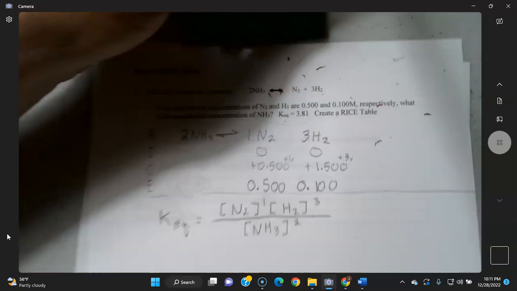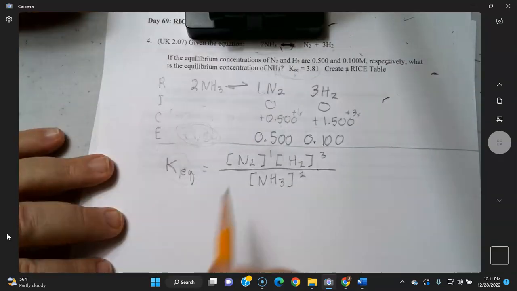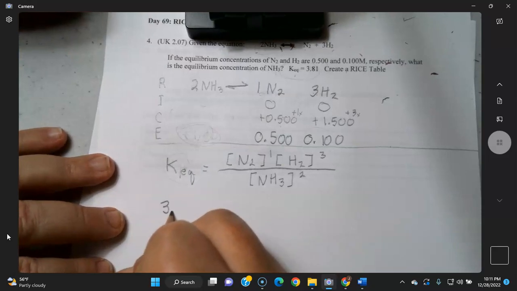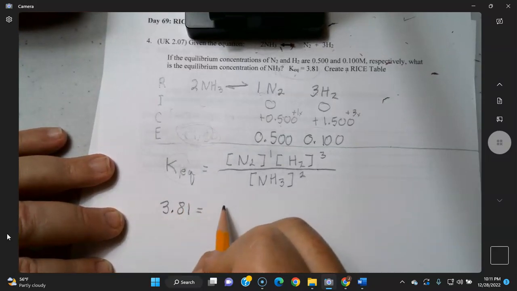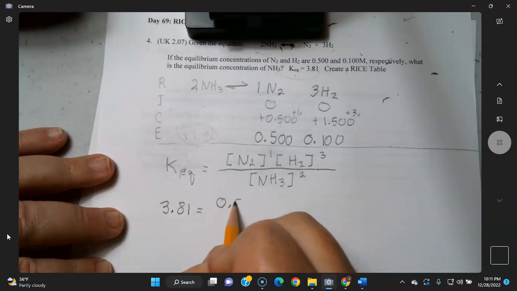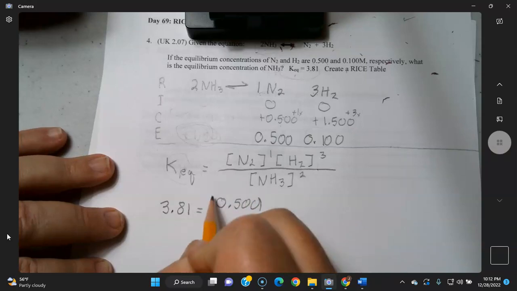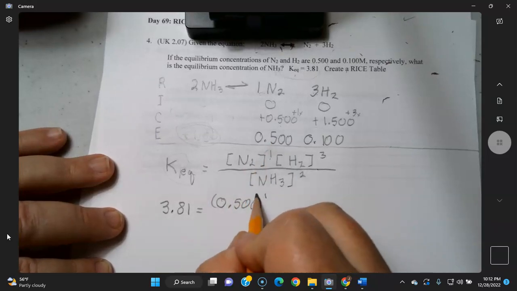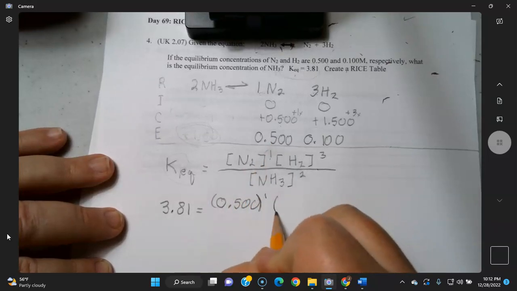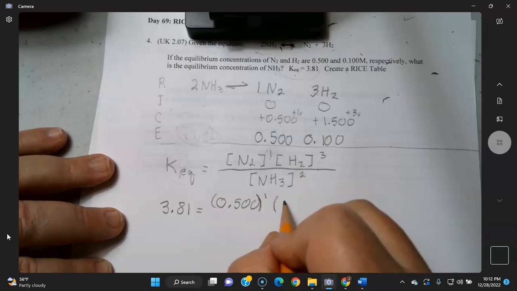So now we're just going to plug in the numbers as we see them. So it's 3.81 for KEQ. And on the top we have this to the first power, this one. This one's to the third power.